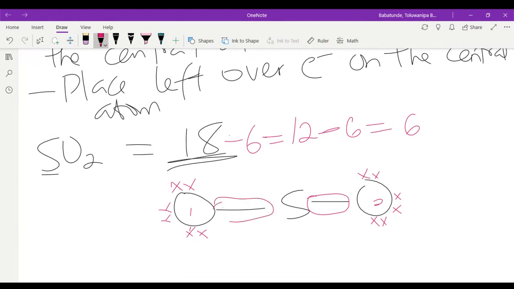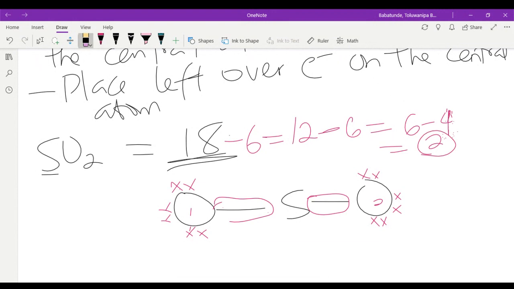This is 2 and this is 2. So sulfur already has 4. So we subtract that 4 from sulfur. 6 minus 4 gives us 2. So this is the leftover electron.